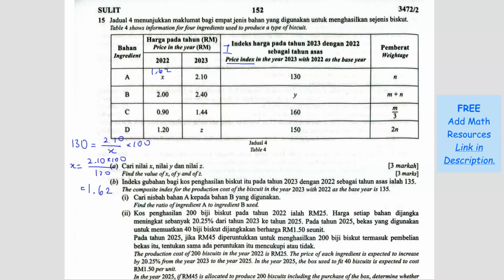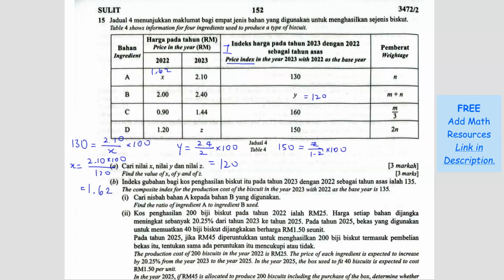And then y is the price index, so it's 2.4 divided by 2 times 100. You get the answer 120. And then z: 150 equals z over 1.2 times 100.